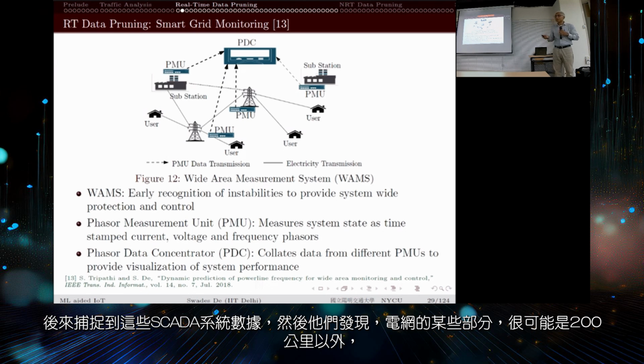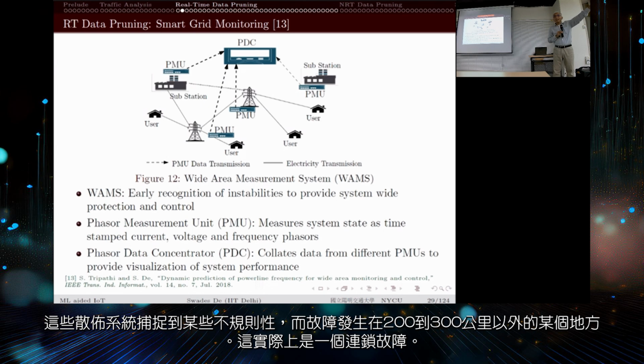This SCADA data was captured later, and they figured out that some part of the grid, quite possibly 200 kilometers away, captured certain irregularity, whereas the failure happened somewhere else, 200-300 kilometers away. That was a cascaded failure.